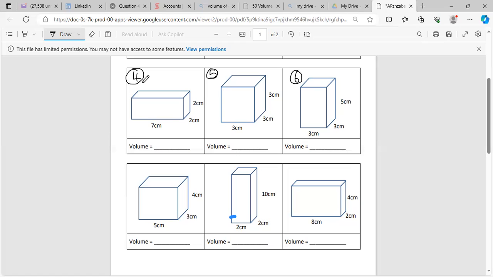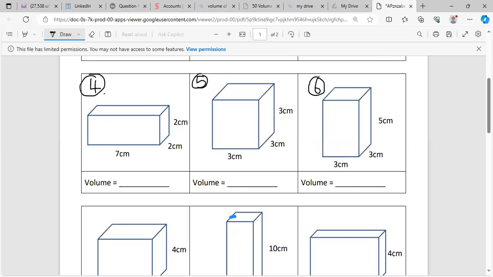Okay, sir. Can I make it bigger for you? Yeah, it's bigger. All right, when you're ready. So you would multiply 7 centimeters times 2, which is 14 centimeters square.